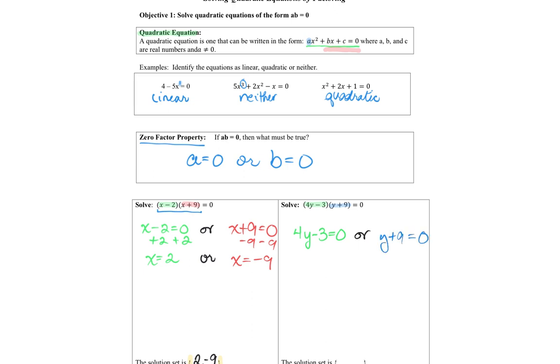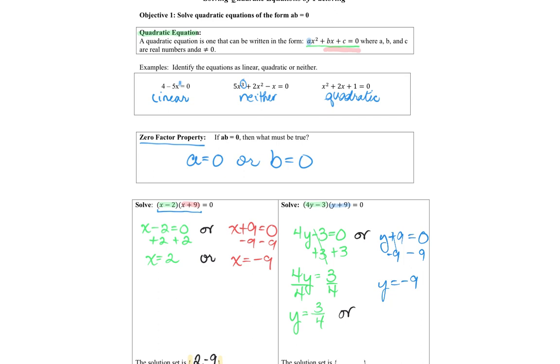So in this first one, we're going to go ahead and add 3 to both sides. Get 4y equals 3. And then we're going to do the opposite of multiplication, which is division, and we're going to get y equals 3/4. Or, in this case, we just simply need to subtract 9 from both sides. y equals negative 9.